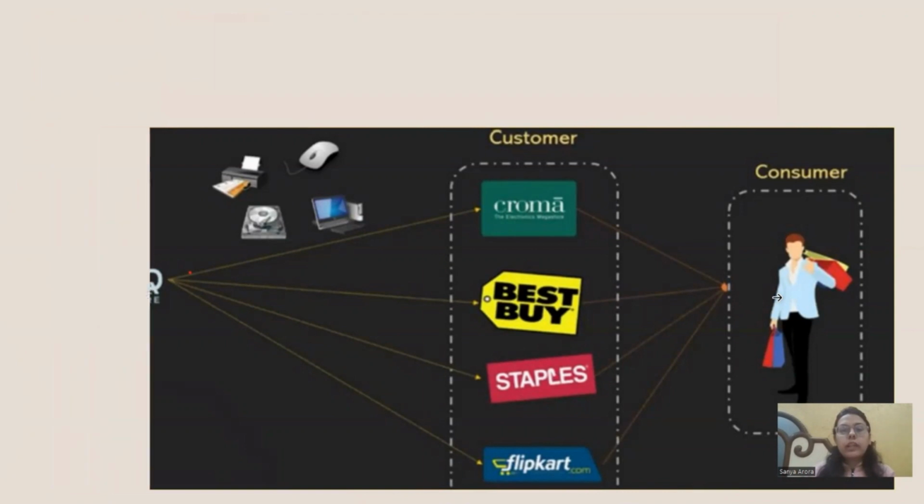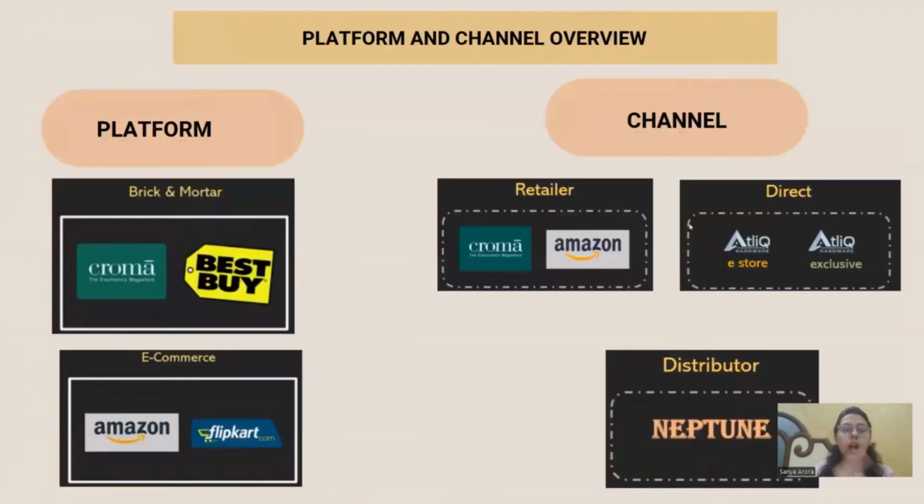Now let us understand their platform and channel concept. Whatever products they sell under these product segments, these products are sold to the end users, that is, to us, the consumers, through two platforms: brick and mortar and e-commerce.